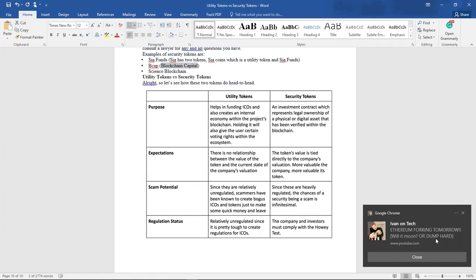Can you elaborate on forking? I think I did mention forking and hard fork. There are two types of forking. The first one is hard fork, which is a really big change.